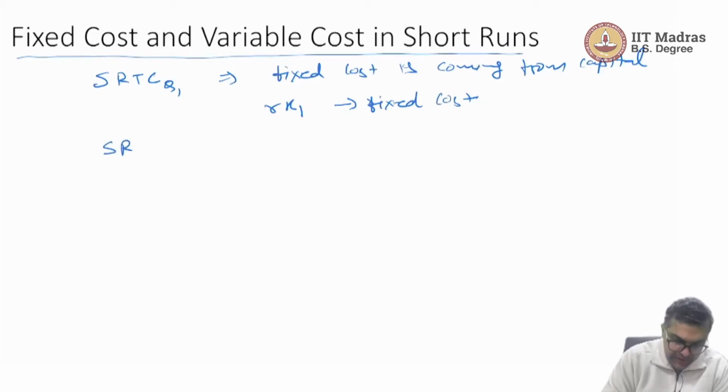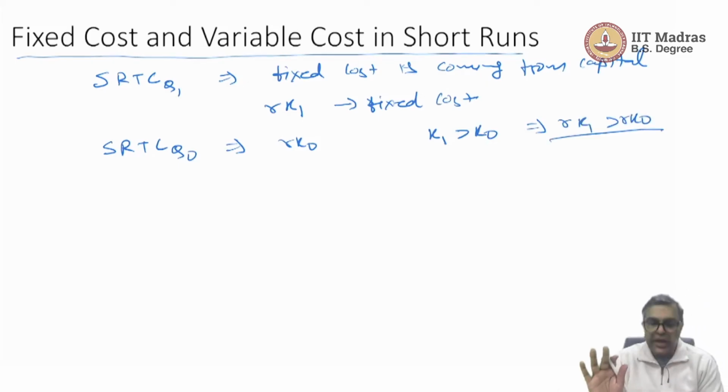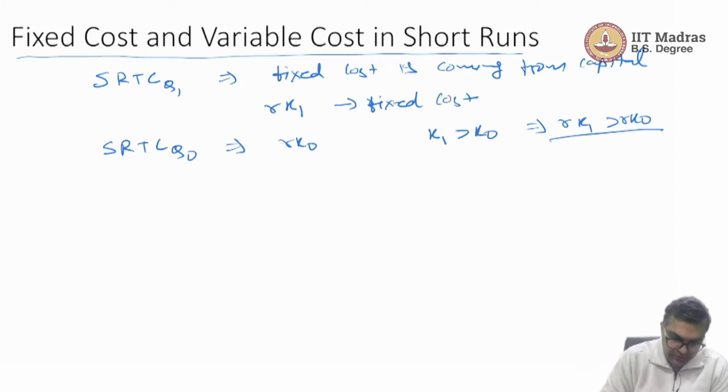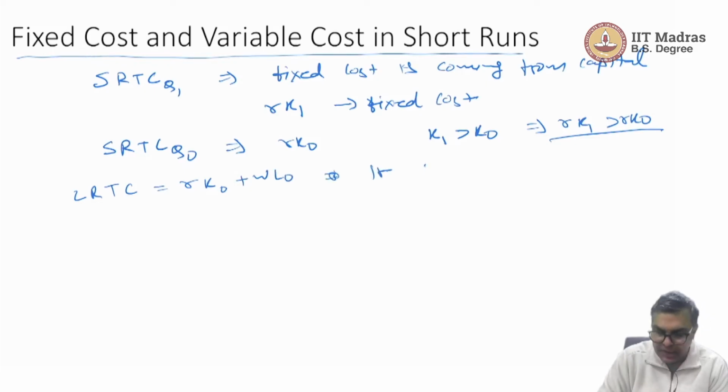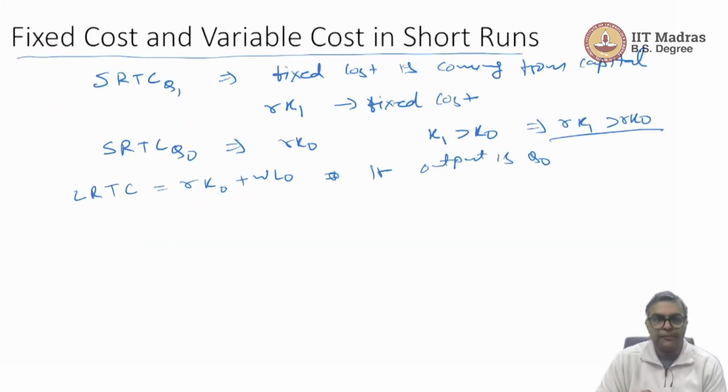If you look at SRTC at Q naught, then it is RK naught, and as we are assuming that K1 is greater than K naught, of course, RK1 is going to be greater than RK naught. So, the higher fixed cost mystery is solved. Total cost in the long run is simply RK naught plus WL naught if the output is Q naught. So, that part is clear.